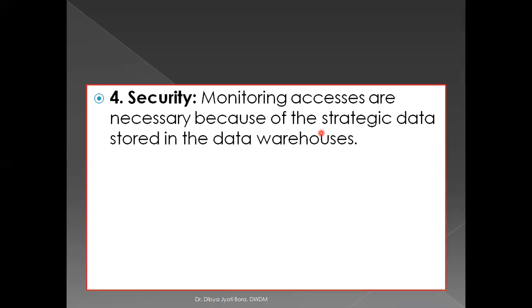Then security means monitoring accesses is necessary because of the strategic data stored in the data warehouse. तो आपने देखा कि ETL process में क्या हो रहा था, extract, transform and load. This also can be thought of as a kind of secured mechanism to keep only the relevant data in the data warehouse.